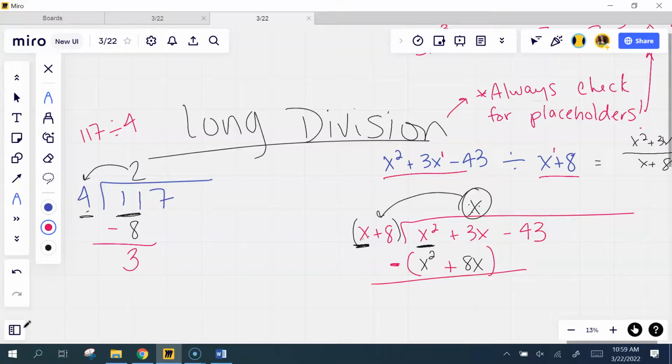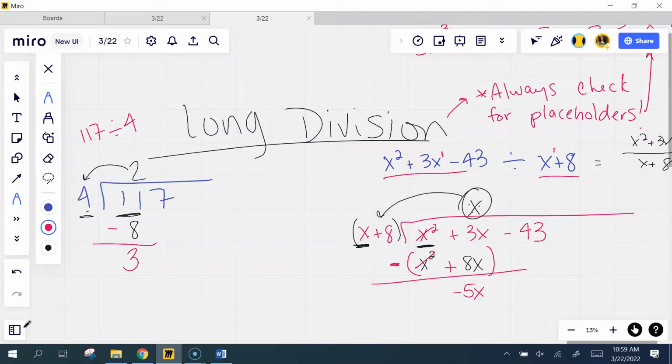X squared minus x squared, and those should cancel out for you if you've done this correctly. 3x minus 8x, negative 5x. You see how these steps are following the exact steps of a regular long division? It's just like division on crack now.